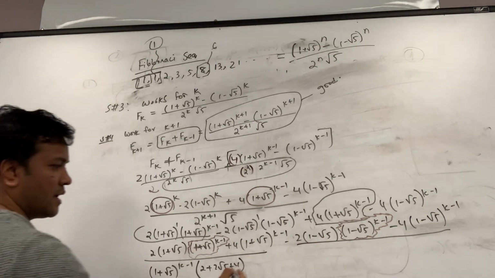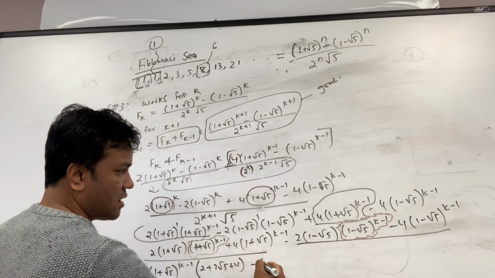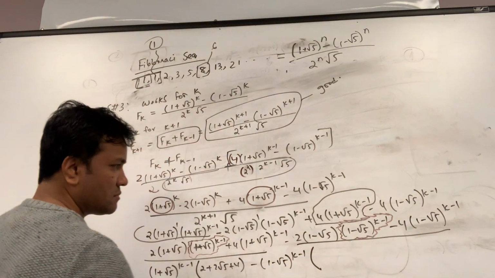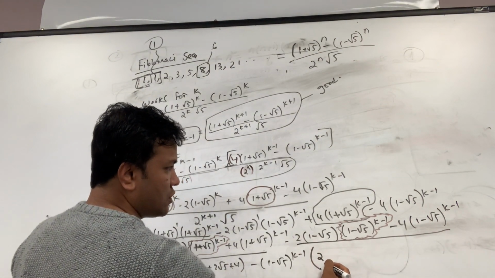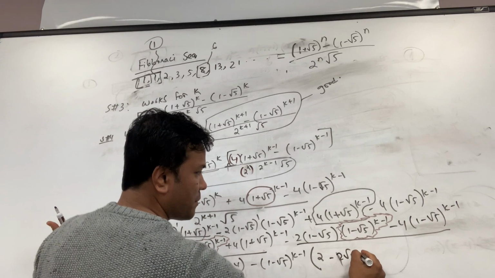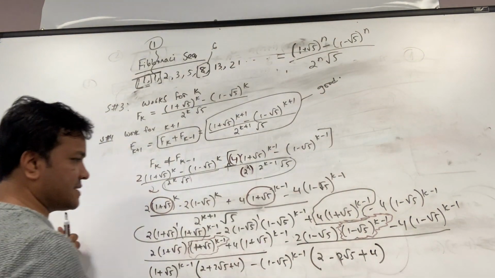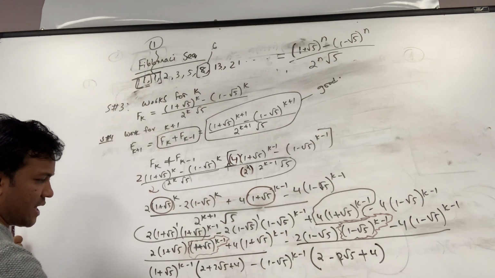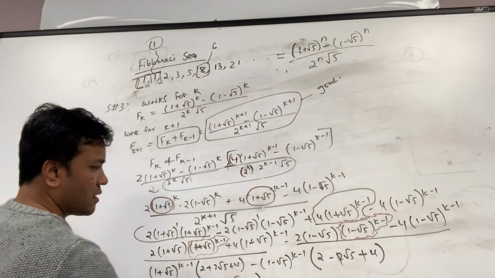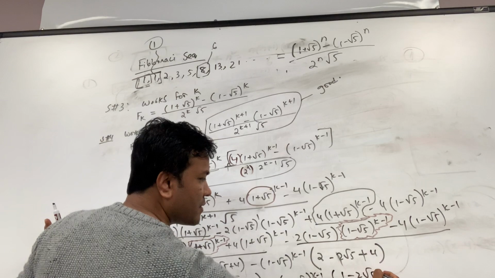Minus, we're going to factor out something: (1 minus root 5) to the k minus 1 times 2 minus 2 root 5 plus 4. Okay, that's it. Now we're going to write (1 plus root 5) to the k minus 1 times (1 plus 2 root 5 plus 5), minus (1 minus root 5) to the k minus 1 times (1 minus 2 root 5 plus 5). Is that okay?